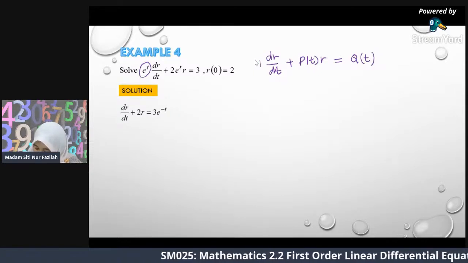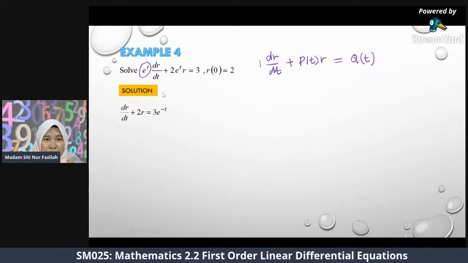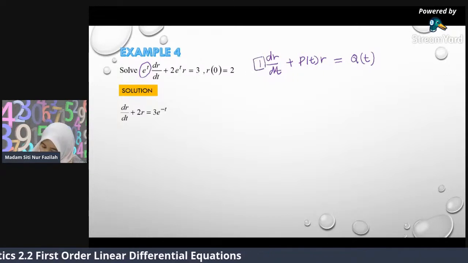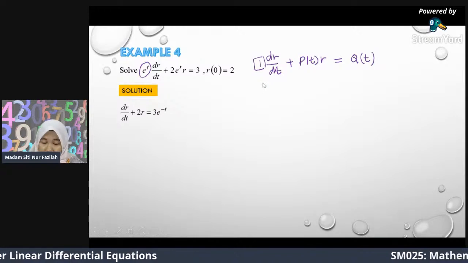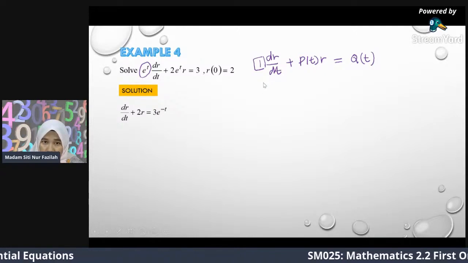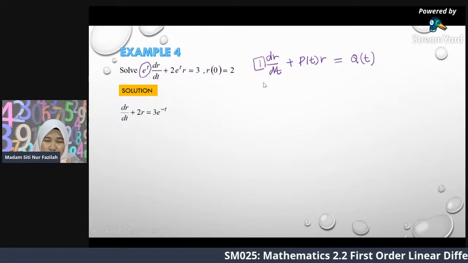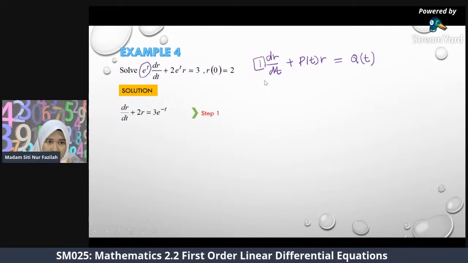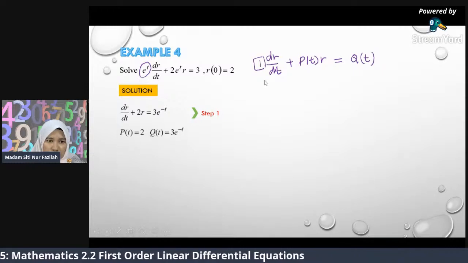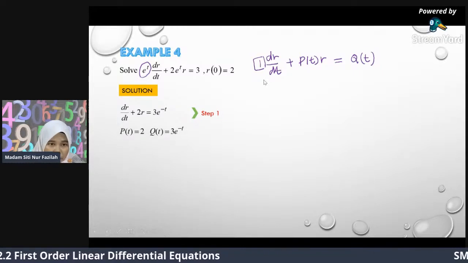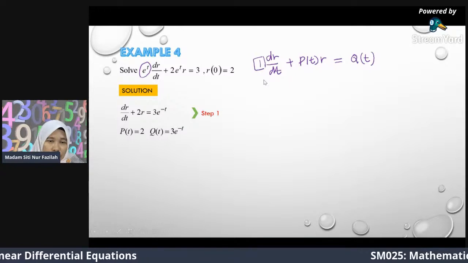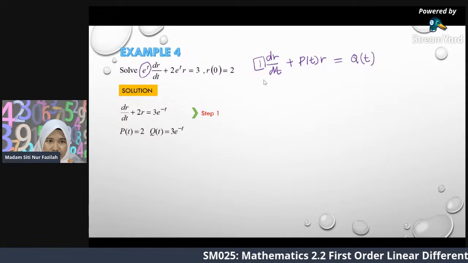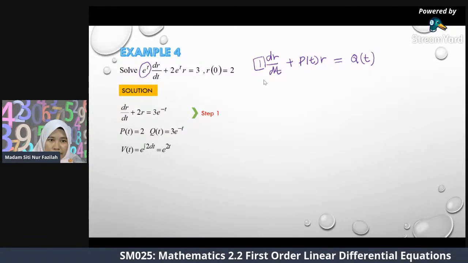Then we compare to the standard form dr/dt + p(t)r = q(t). We can get the function p(t) is positive 2, and the function q(t) is 3e^(-t).